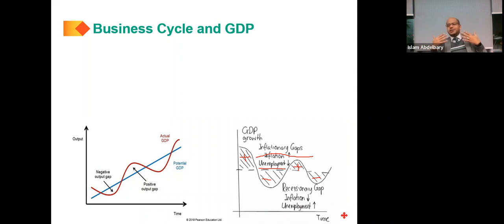So prices are very low. No one works, so stocks are enough or in excess of what we are looking for. So we have excess supply. So negative output means excess supply, positive output means excess demand. This pushes prices up and this pushes prices down.